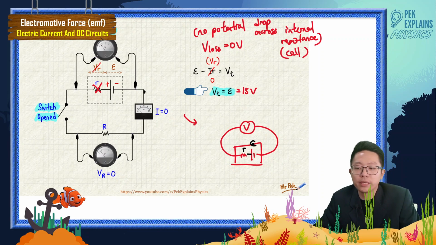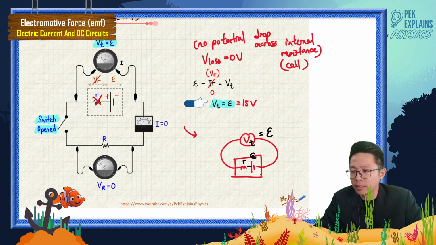If we connect the voltmeter directly to the battery, this voltmeter measures the terminal voltage of the battery. This one will get the EMF. Why? Because this is the same case as this one. The voltmeter here is actually connected directly to the battery.